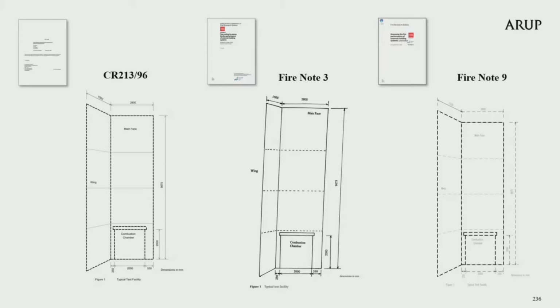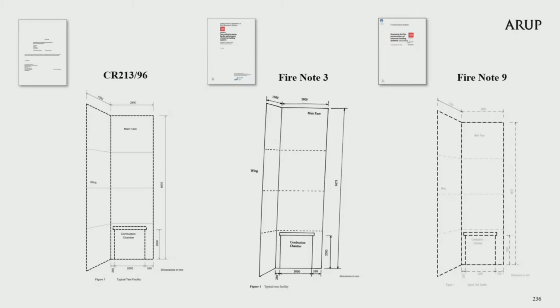I have provided in the script to my slide information on the dimensions of the test rig, which were in general the same as Rogowski and Connolly's test rig. The Fire Note 9 rig did contain a wing wall, which I will explain later, whereas Rogowski and Connolly's test rig did not.